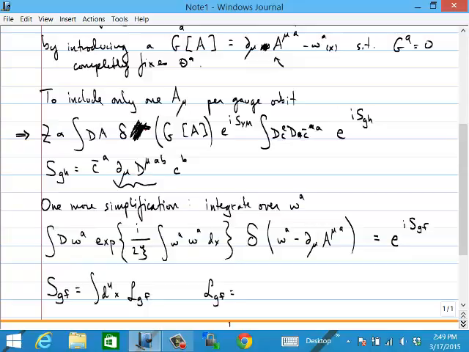It's the integral d omega a, but we have a delta function that fixes omega a, so we use the delta function to do the integral. Now here we have an infinite number of delta functions that we're using to do an infinite dimensional integral, a functional integral, but the idea is the same. And what do you get? You just get a gauge fixing action, which is 1 over 2 times psi times d mu a squared.